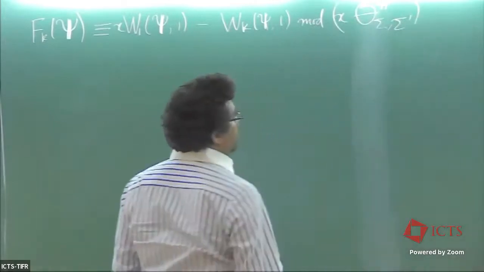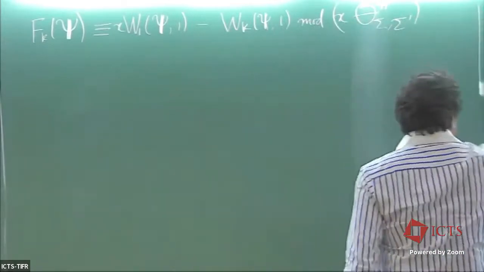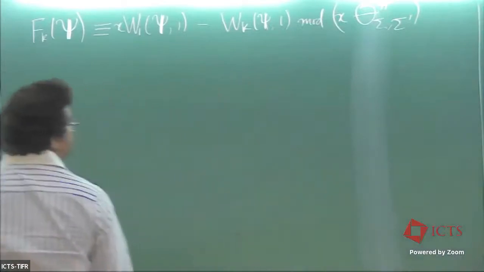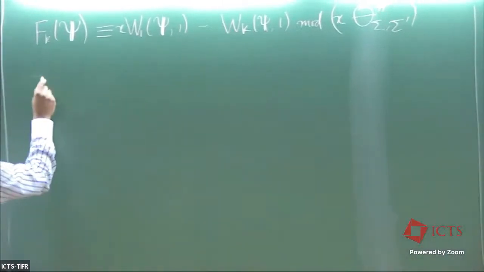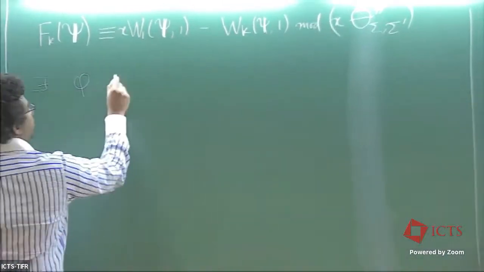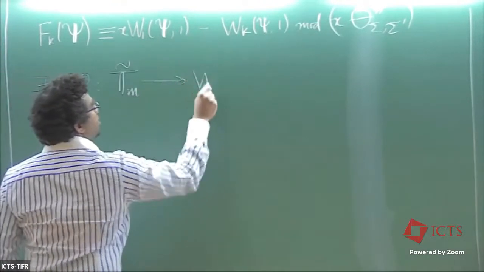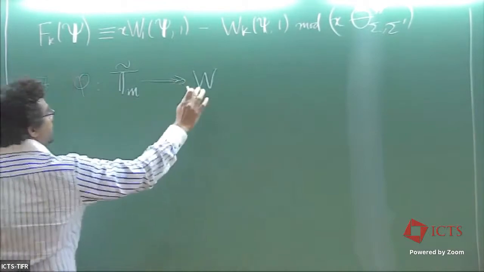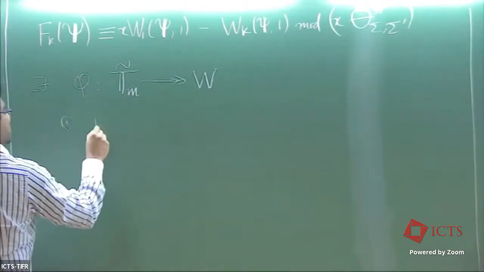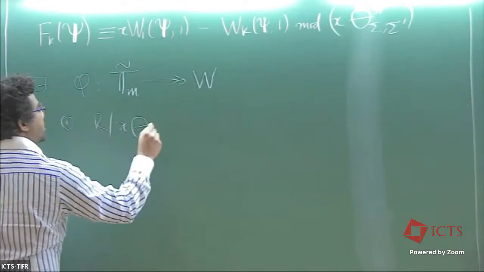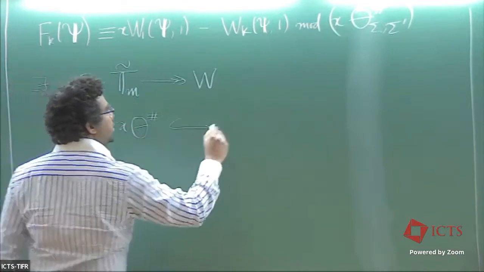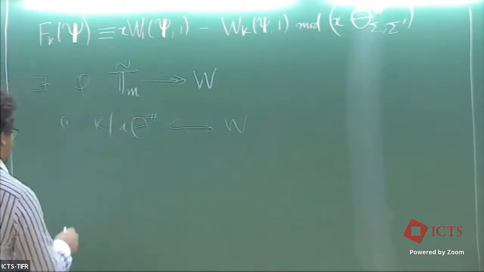And then using this we proved that there exists a homomorphism from T_m tilde to W. This is surjective such that R mod x theta is injective. So the structure map is injective.